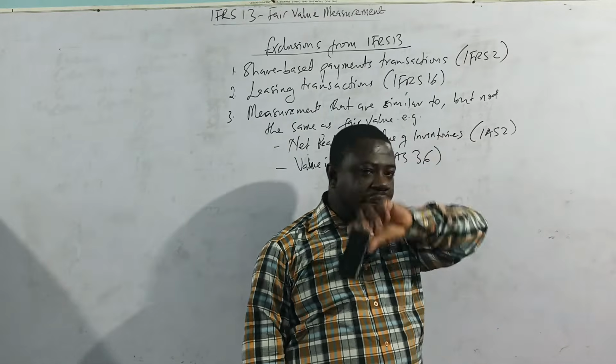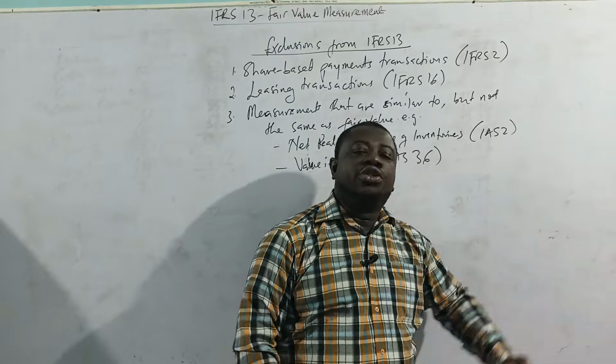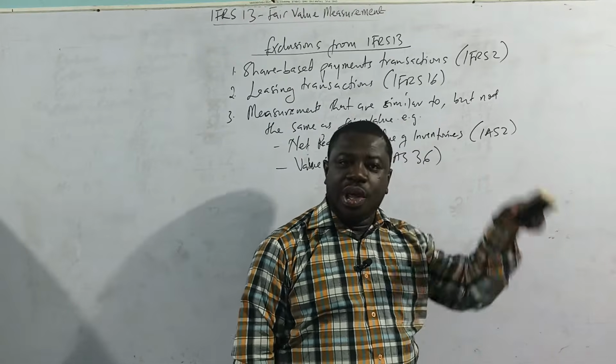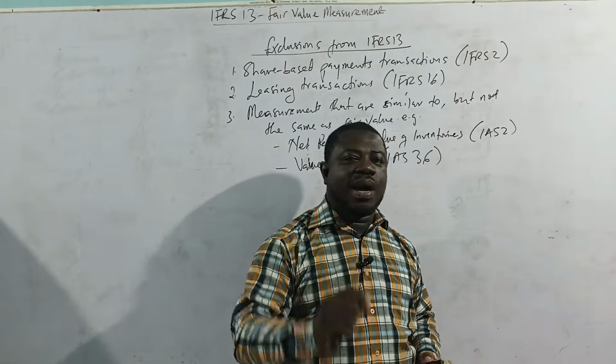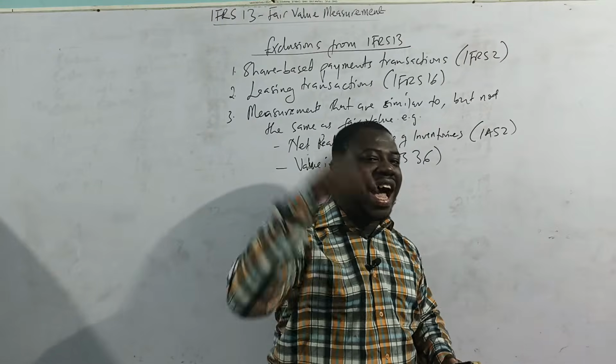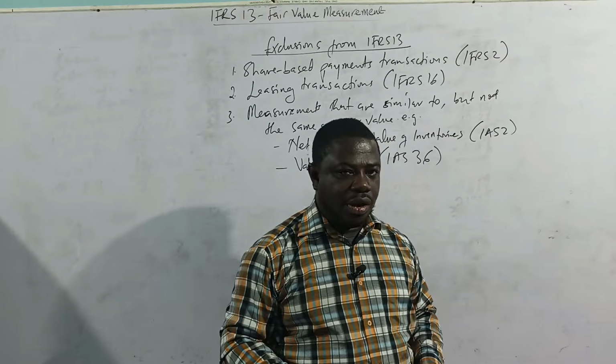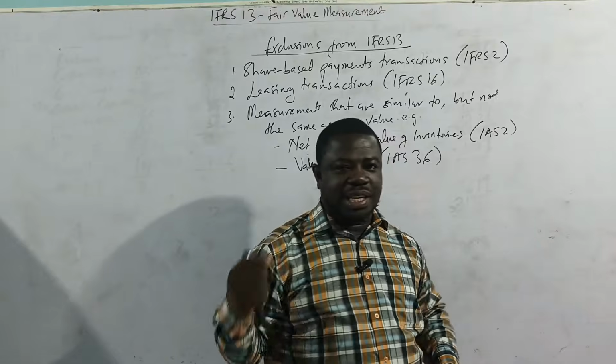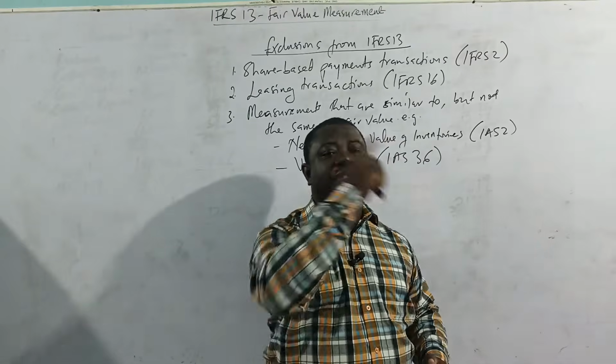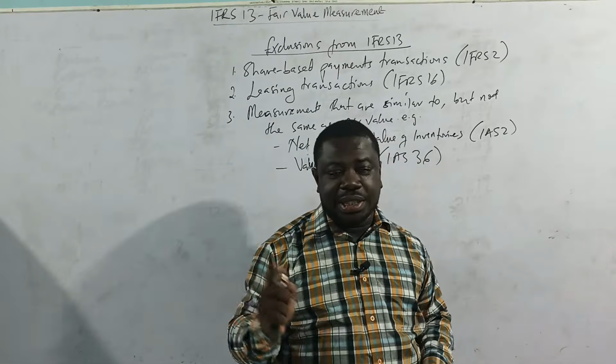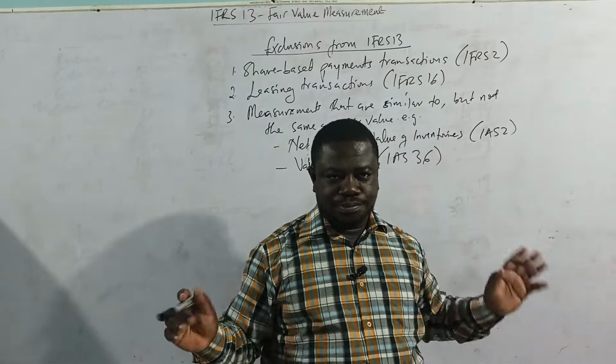It is not sold on the date of measurement, but on a different day. So we have to do a new measurement for fair value at the date when we want to sell. That is why the definition highlights at the measurement date. Okay, so once we move away from the measurement date, we may likely have a different fair value for the asset or the liability. That is what we are trying to say.